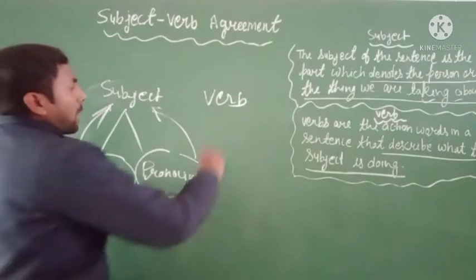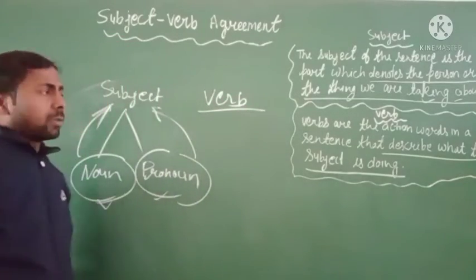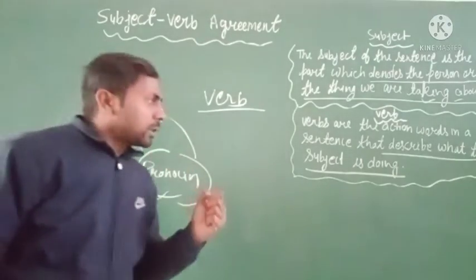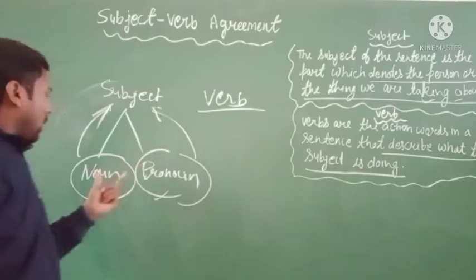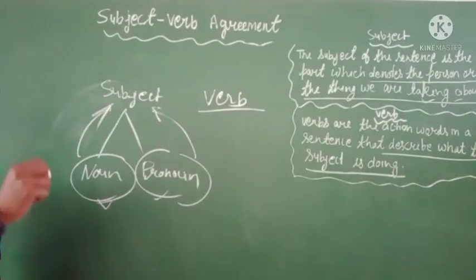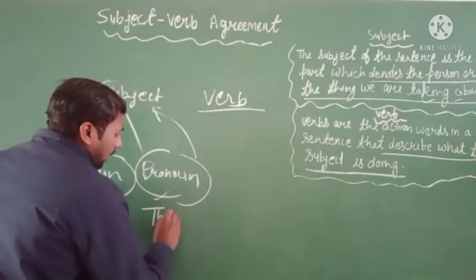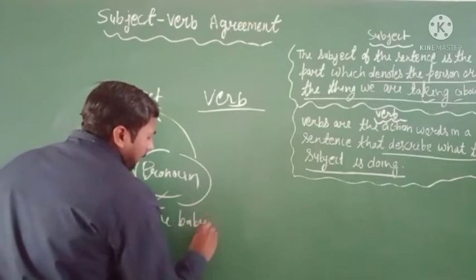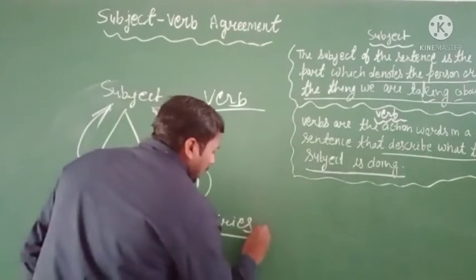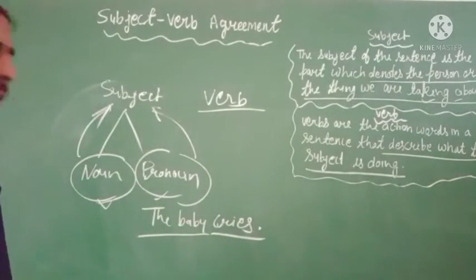So noun and verb. Verb is an action word in a sentence that describes what the subject is doing. Here is the subject. I gave an example: the baby cries. Here is the subject and this is the verb.